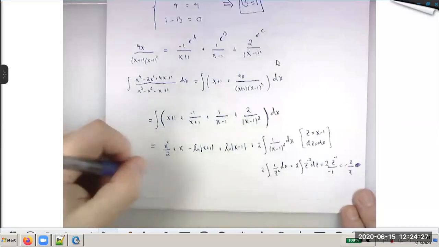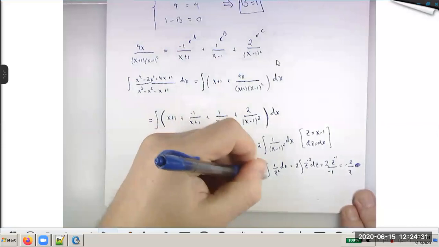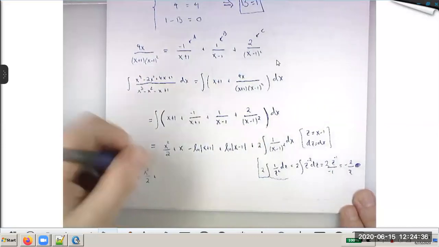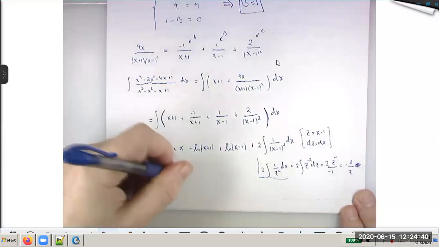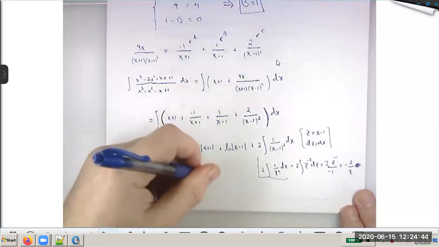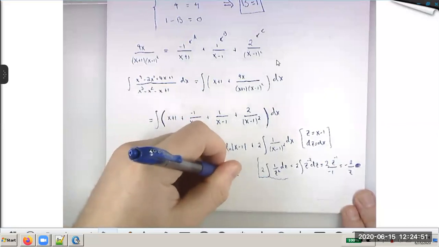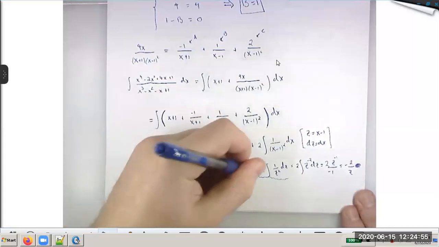So finally, we get, right, this is the side work for this, x squared over 2 plus x minus ln abs x plus 1 plus ln abs x minus 1 plus, minus 2 over x minus 1 plus c.